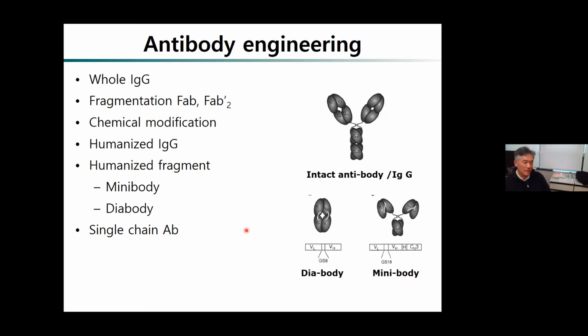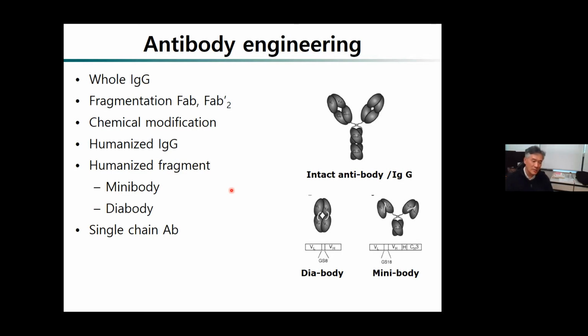And as you know, the blood circulation time of the antibody is very high. Even after the injection of the antibody, there is almost 7 days or 20 days blood half-life in the human body. So that's why we should reduce the size of the antibody.